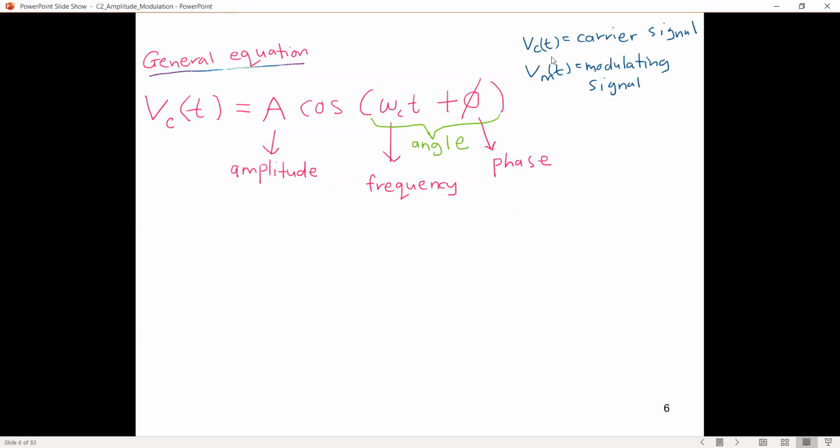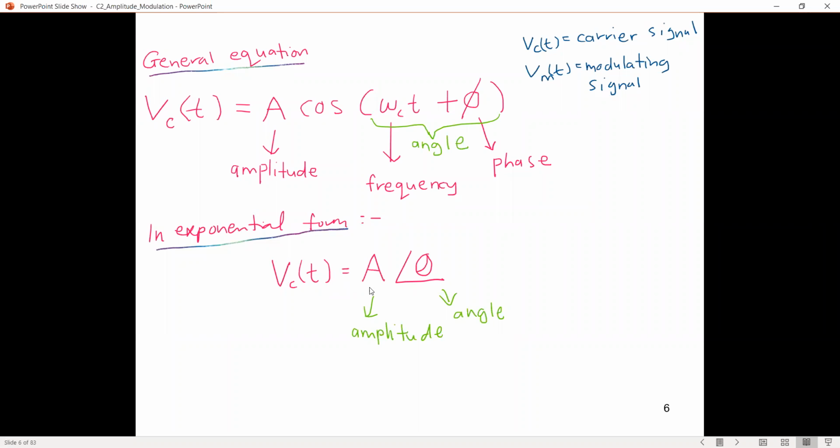Imagine VCT is our carrier signal and VMT is our modulating signal. For VCT, any signal can be represented using this general equation. A is the amplitude, and then we have cosine of omega ct plus phi, where omega c is our radian frequency, phi is our phase, and the whole term attached to cosine is actually our angle.